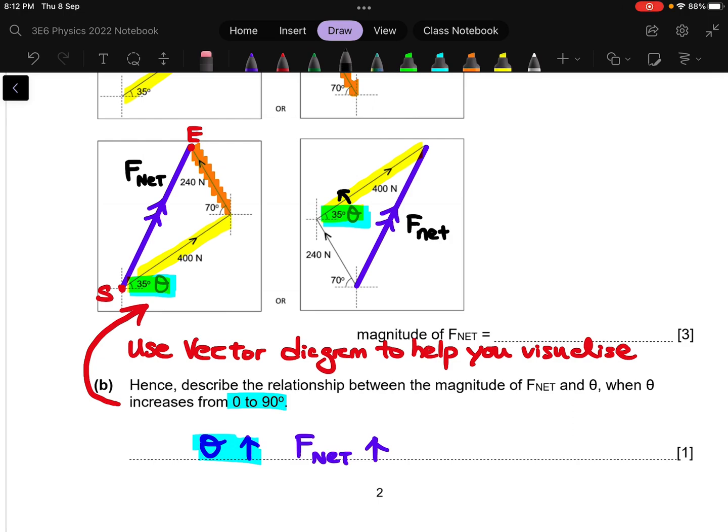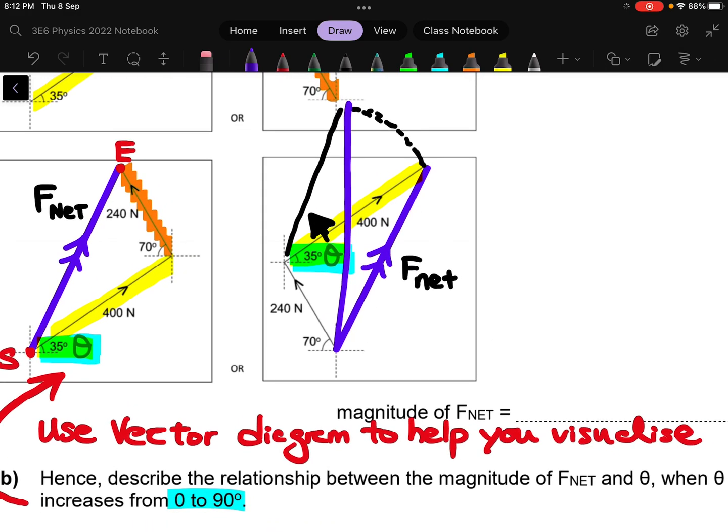Just imagine having a circle being drawn over here, and this vector just sweeps along this arc, right? Because theta is increasing, your F net will also be moving like that. Just by visualizing it here in approach B, you can see the F net become longer as theta becomes a larger value.